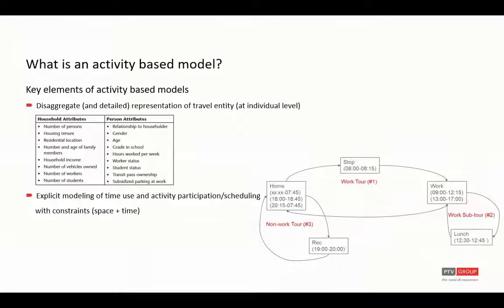Then the time use and activity participation and scheduling, that is also explicitly done. For example, you could do a lot of what an activity-based model produces if you were to only take matrices, and you would be fine with that if the need of your study only requires that aggregate data. But in certain cases, it's useful to have these type of disaggregate outputs which have some sort of synthetic individual trips and so forth.